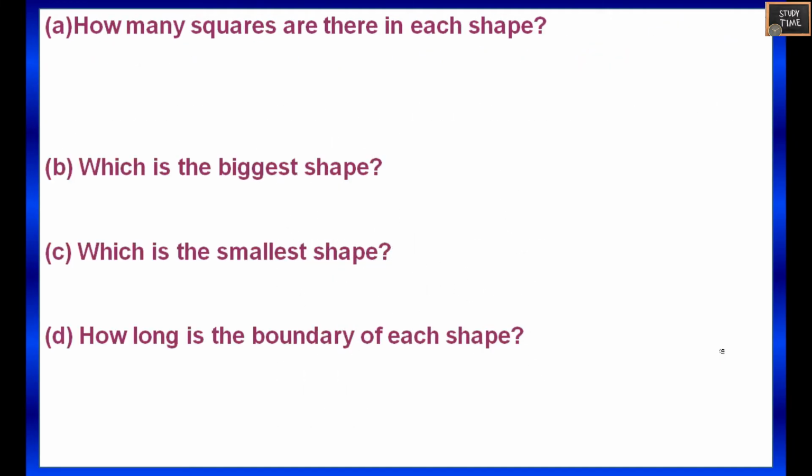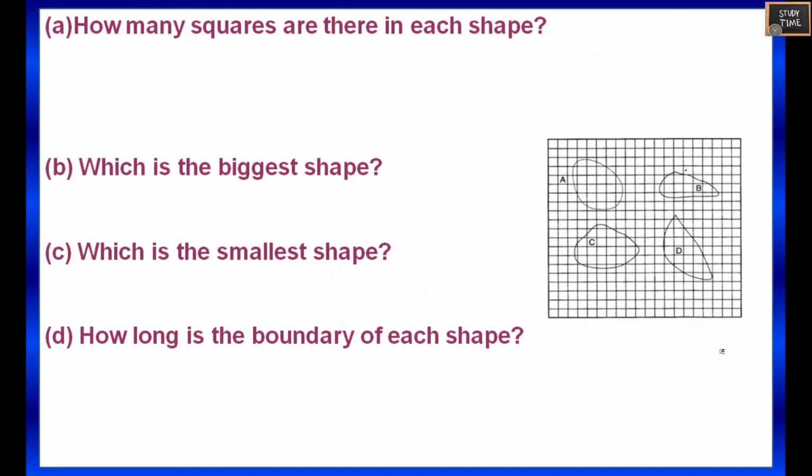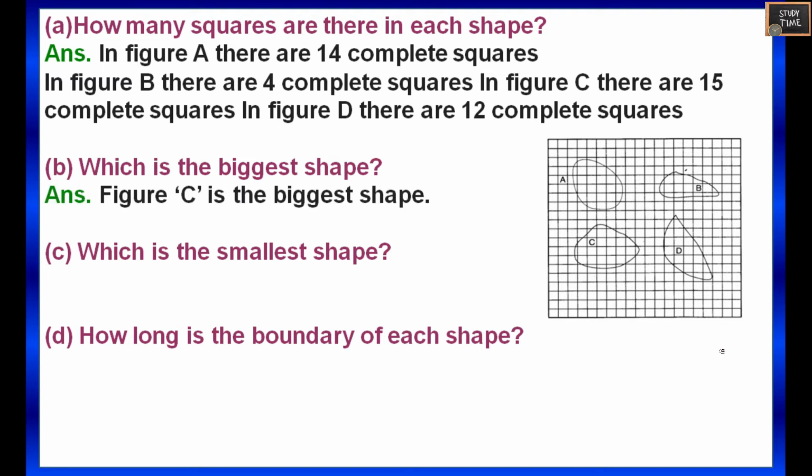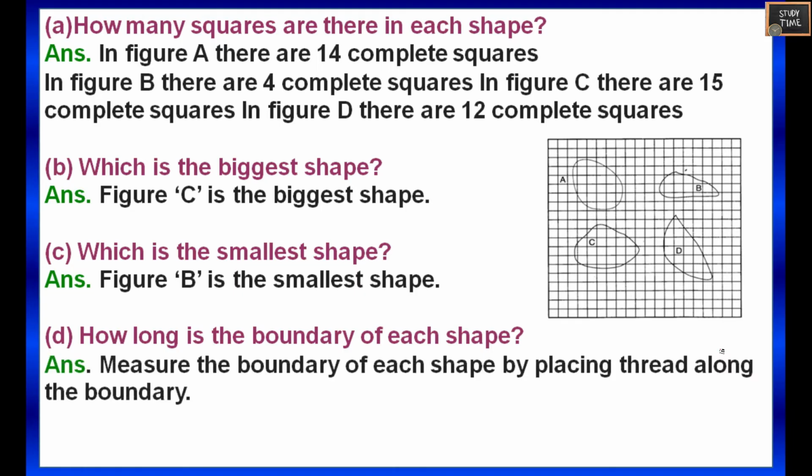How many squares are there in each shape? So from this you can write down. Similarly, whatever you have made, count the number of squares in each shape. So which is the biggest shape? So here it is C. Which is the smallest shape? Here it is B. How long is the boundary of each shape? So you can measure by using a thread.